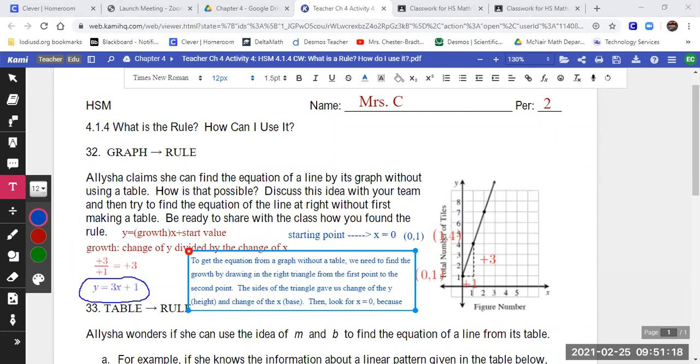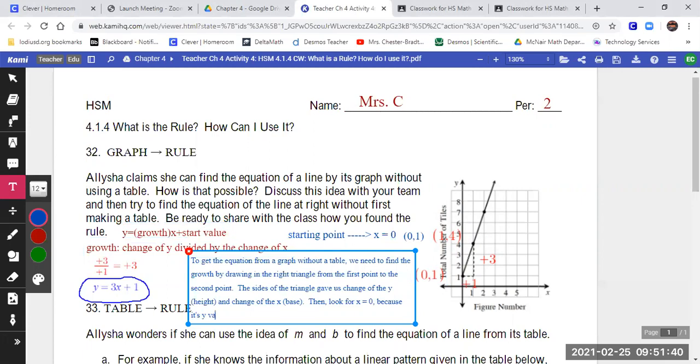This 0, 1 was what piece of our equation? We have two pieces, growth and what? Okay, so we look for x equals 0 because its y value is the starting point.